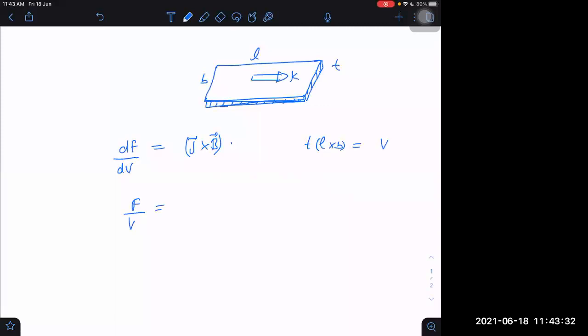That will be equal to J. But J can be written as current per unit area, I upon t into B. That is J. And what is K? K is equal to current upon width. Current is along this side, so current per unit width, right? Then what is the relation between J and that? I can write K by t is equal to J, K by t into B.